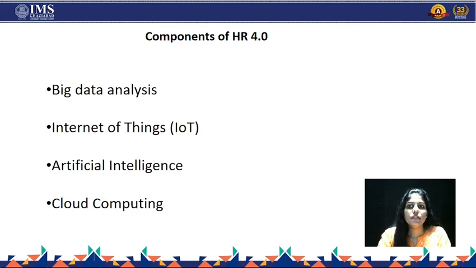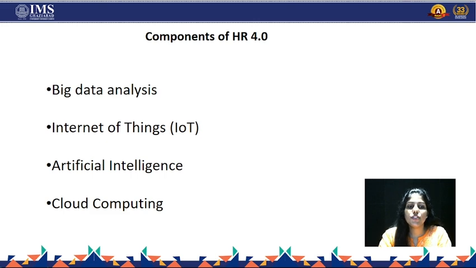Now, I discuss the artificial intelligence role in the development of HR 4.0. Artificial intelligence has the potential to revolutionize, or I can say bring transformative change to, the traditional tasks managed by the HR department. Various HR processes such as recruitment and onboarding can be managed by AI very easily.